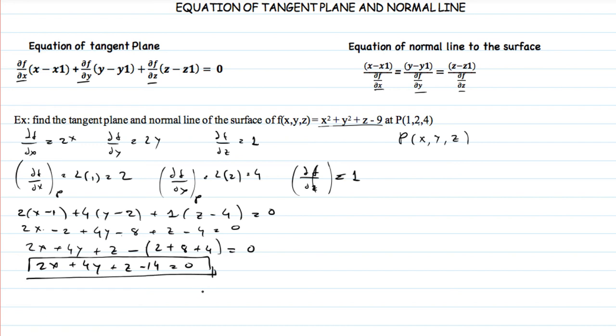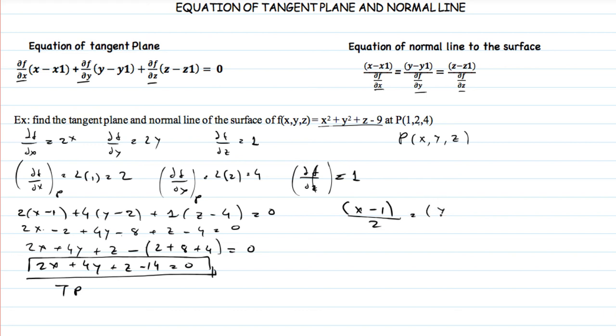Now the next thing we're required to find is the equation of the normal line. From the formula here, we have x minus the x coordinate, which is 1, all divided by the partial derivative with respect to x that we found, which is 2.